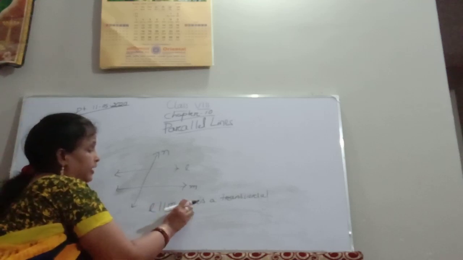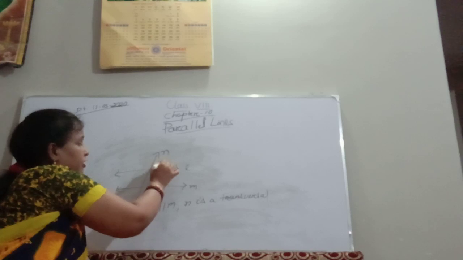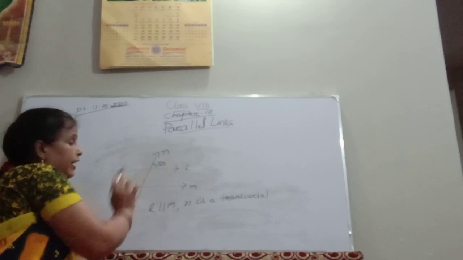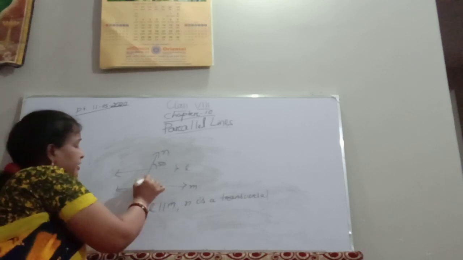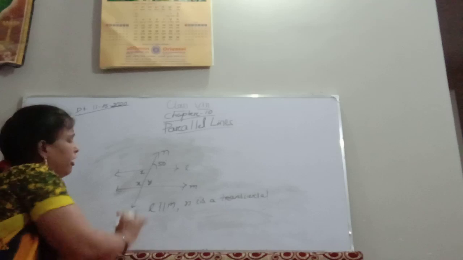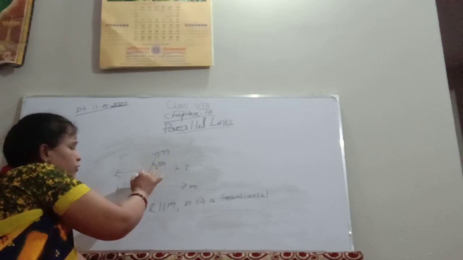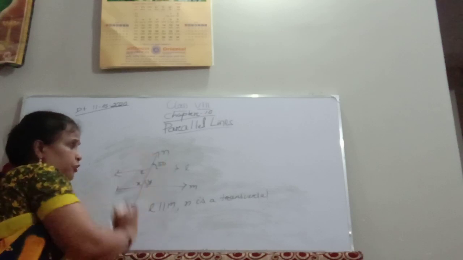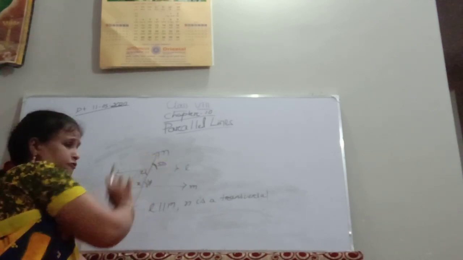If you do not write in this manner, it is not the correct way to write about parallel lines. So if one angle is given as 50 degrees, you have to find the other angles. Suppose here I am given angle x, here angle y, and this is z. Find the values of x, y, z. How will you know? This is 50, so y is also 50 because they are corresponding. This z is also 50 because they are vertically opposite.